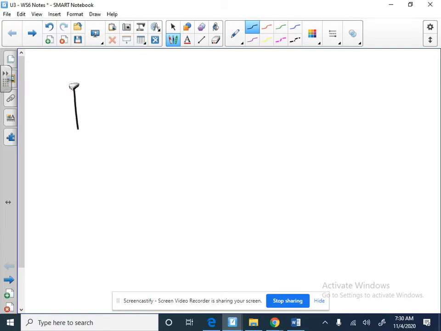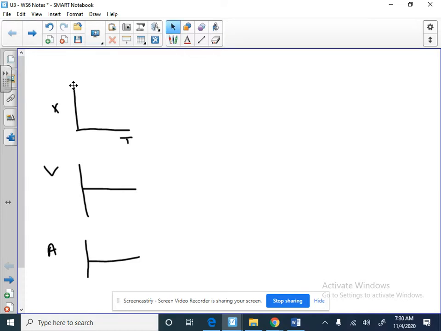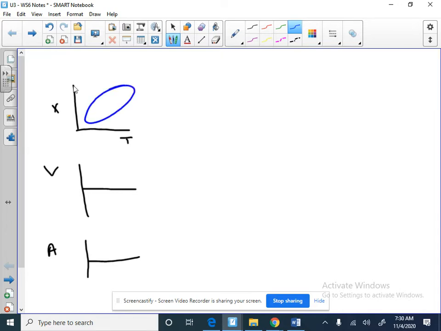So you're going to have three types of graphs. You're going to have position time, velocity time, and acceleration time. Now, don't forget that when you look at your position time graph, anything that has a slope that goes in this general direction is positive. That means it's going to have a positive direction, and it would have to be graphed up here on your velocity time graph.